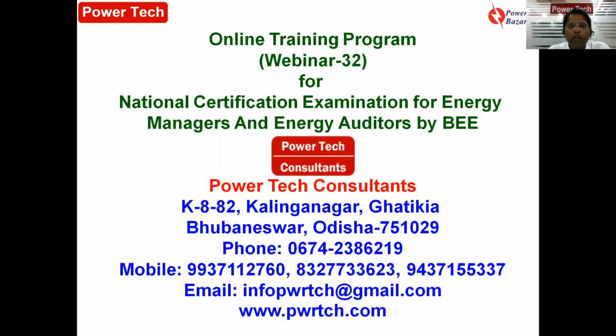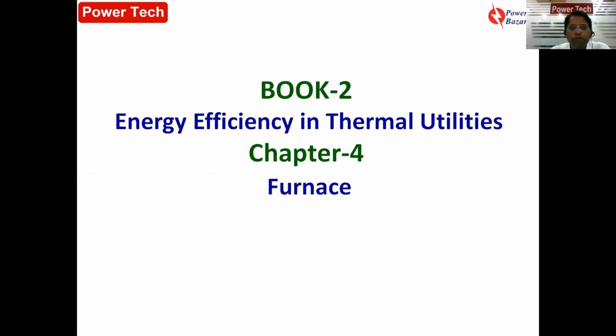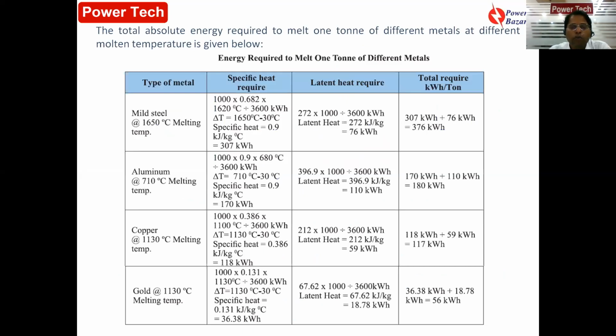So, in webinar number 32, today we'll discuss furnace, and this is basically chapter 4 of book 2, energy efficiency in thermal utilities. In this class we have earlier discussed the different types of furnace.